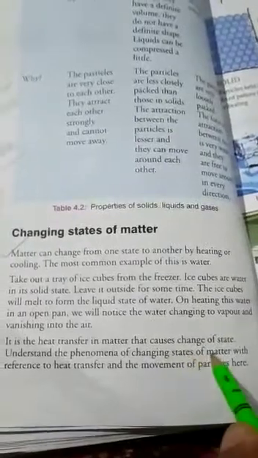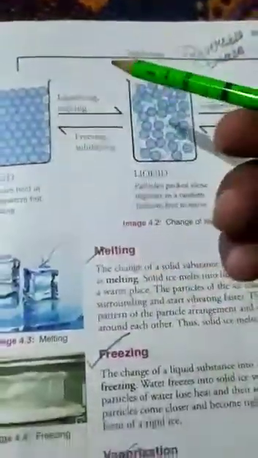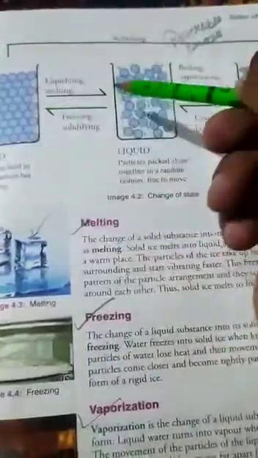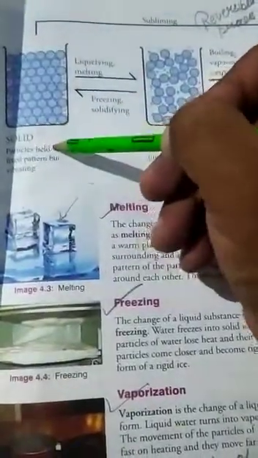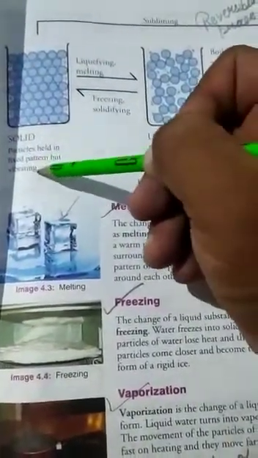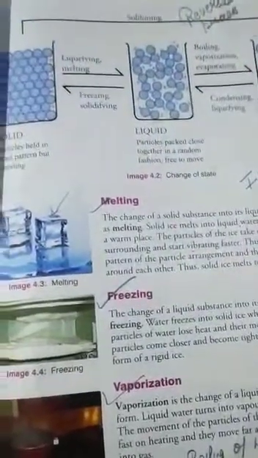Understand the phenomenon of changing state of matter with reference to heat transfer and the movement of particles. Here you will see how these particles change from one state to another. In solids, particles are held in a fixed pattern but vibrate, because of room temperature or other conditions.